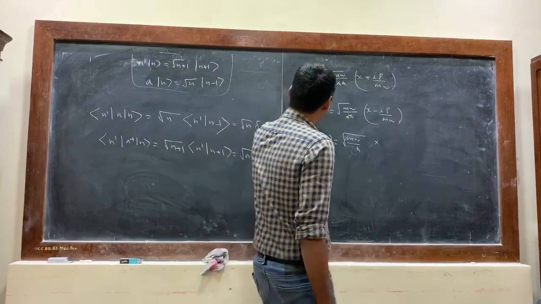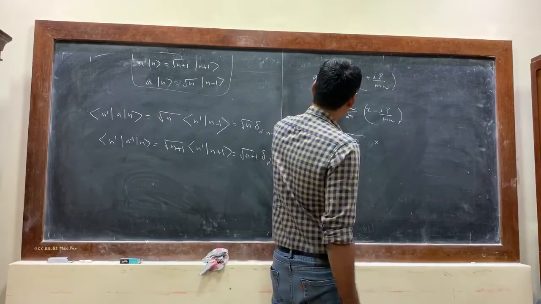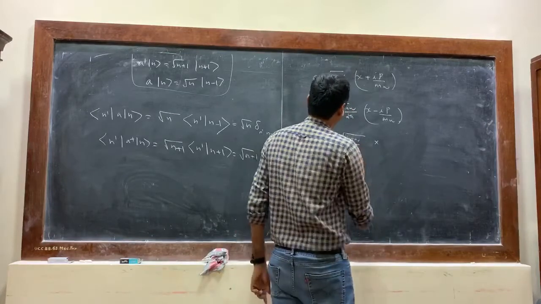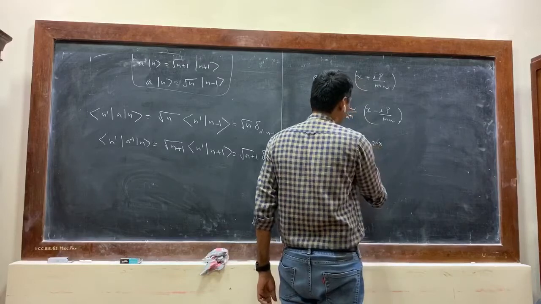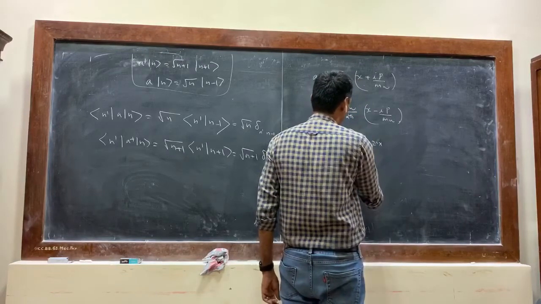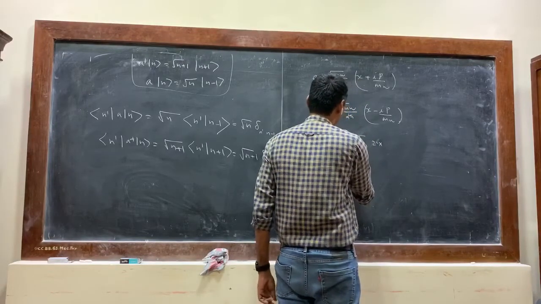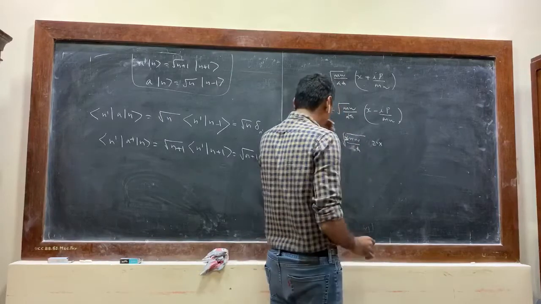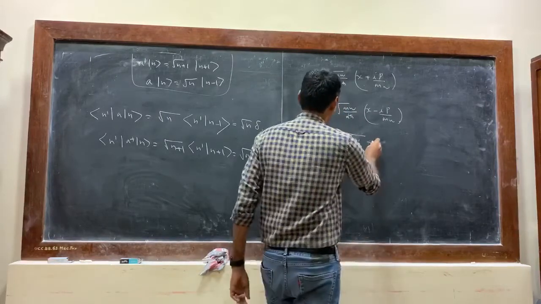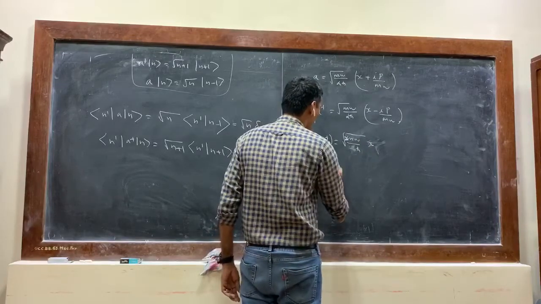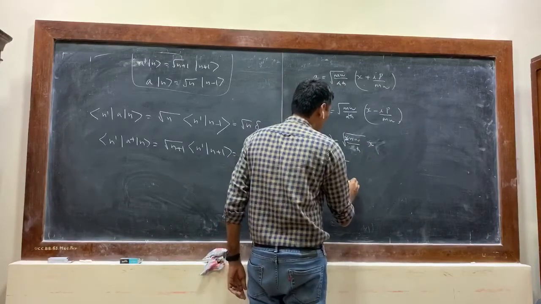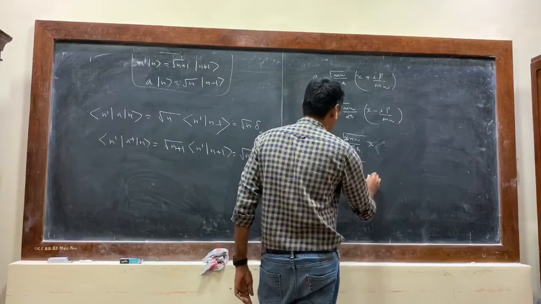Let's do it: a plus a dagger is equal to square root of 2m omega divided by h cut times x. Squaring, you get 2m omega divided by h cut times x squared, so x is equal to square root of h cut divided by 2m omega times (a plus a dagger).